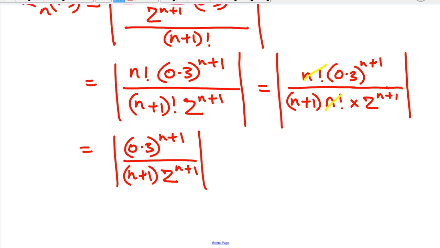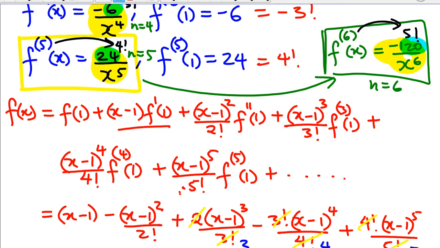Now we have to think about here, z is between 1 and 1.3, because remember this is centered at 1.